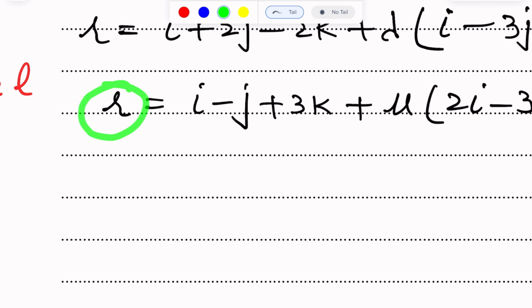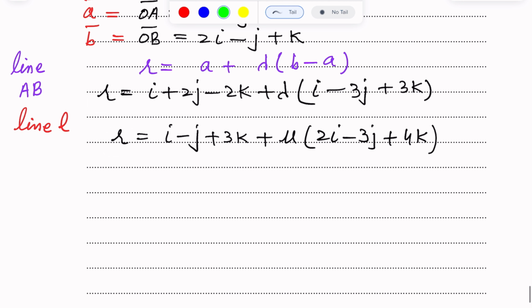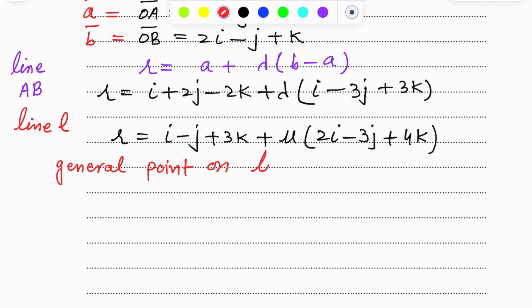So we are comparing the coefficients of i, j and k to have general points on both lines. General point on line L, we will compare the coefficients of i, j and k.